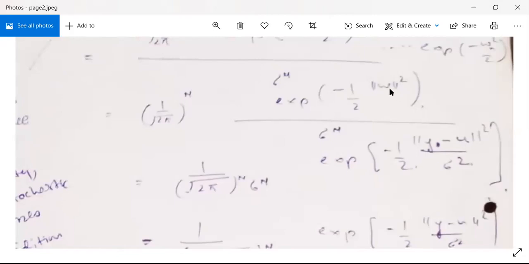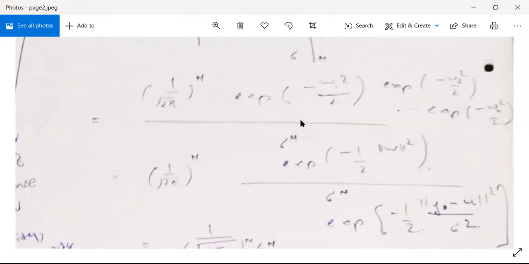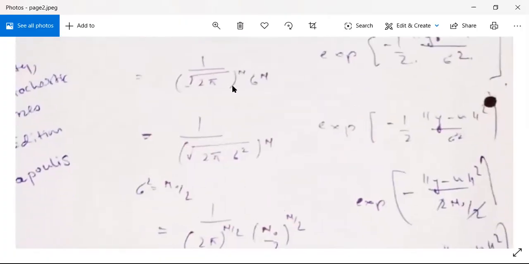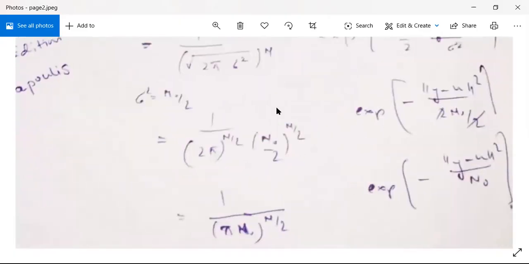I can substitute the value of w now in terms of the output. So it will be y minus u divided by sigma square, which comes out as follows. This goes here, and since sigma square is N0 by 2, hence we have the final derivation.